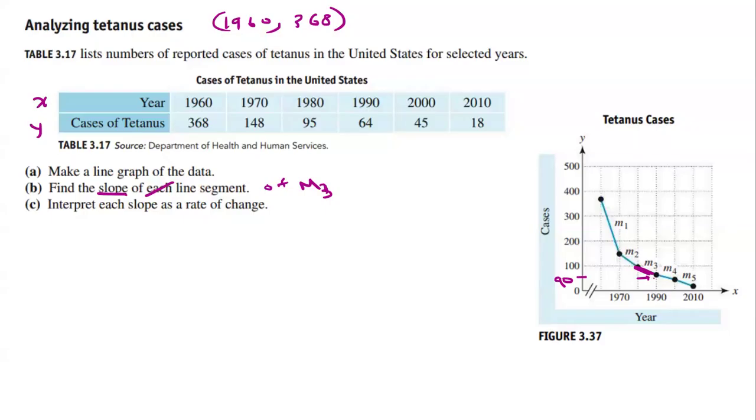See if you can figure that out. What would be the slope of M3?